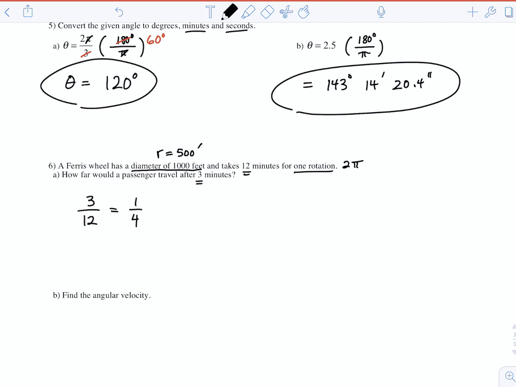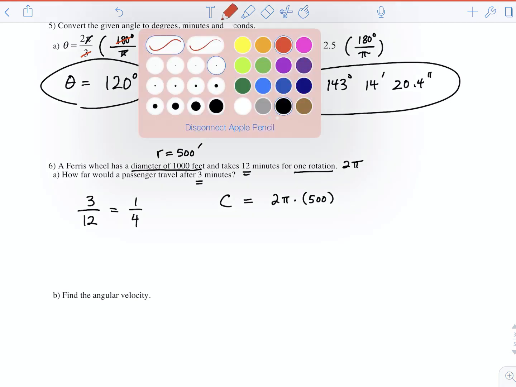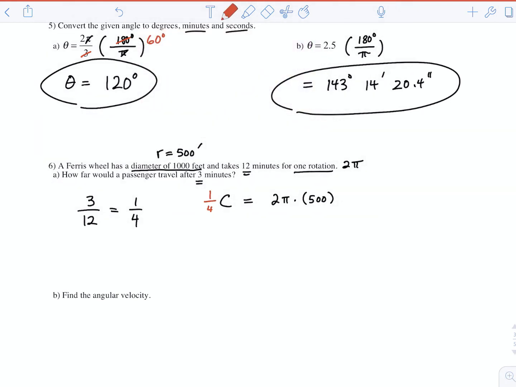So if you just use that circumference equals 2 pi times the radius, and that would be 1 full rotation, but they went 1/4 of that, so multiply by 1/4. So this would be, this 2 divides into 4 2 times, and then that 2 divides into this 250 times, so it's 250 pi's.